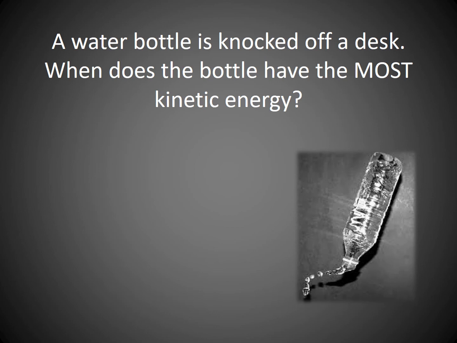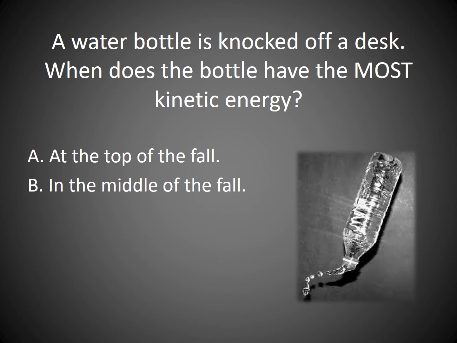The water bottle is knocked off a desk. When does the bottle have the most kinetic energy? If you said right at the bottom of the fall, you're absolutely correct, because at the bottom of the fall, it's moving its fastest. That's where it has the most kinetic energy. Oops, we had answer choices.